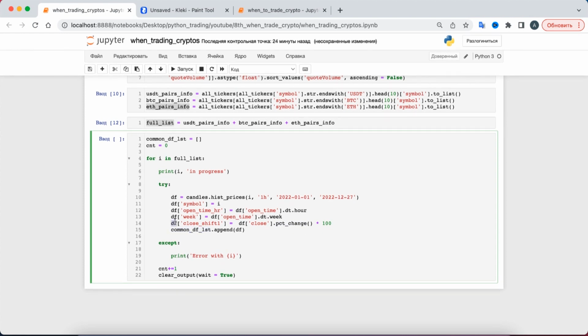So every data frame I am appending to the common DF list, and after that I unite it.